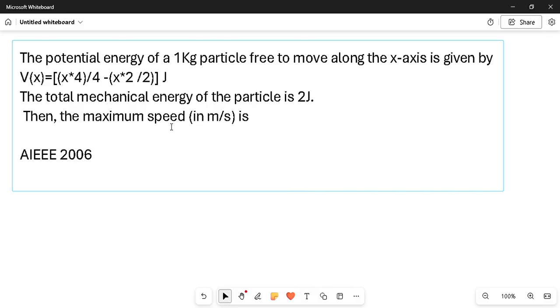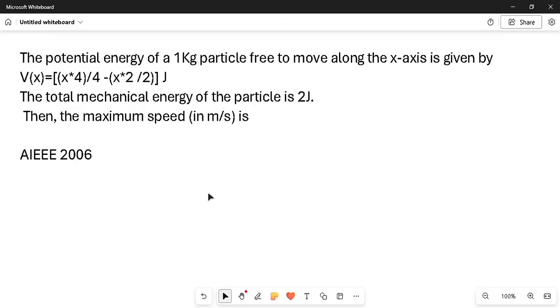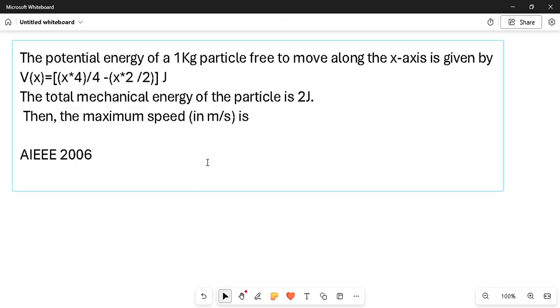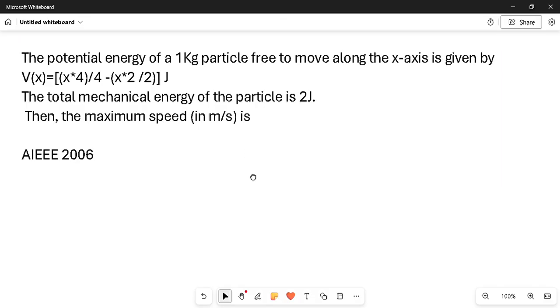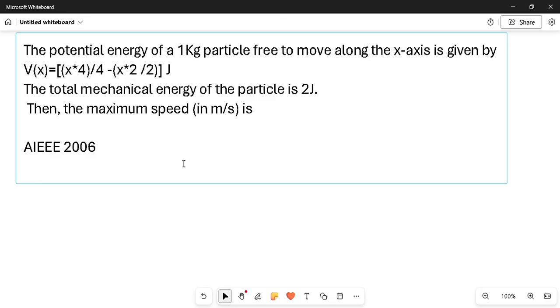If we can find the maximum kinetic energy, we can easily find the maximum speed of the particle, as kinetic energy is equal to half mv squared. So first we need to find the maximum kinetic energy, and for that we need the minimum potential energy.